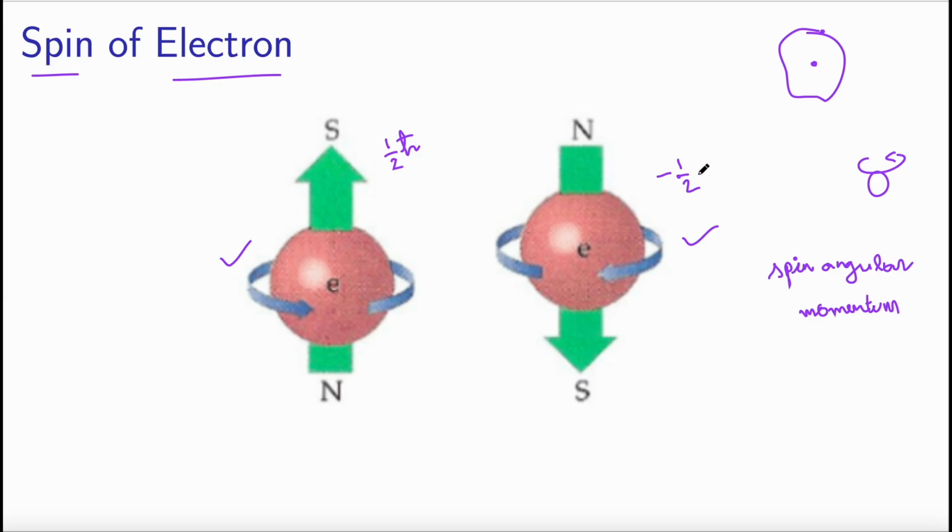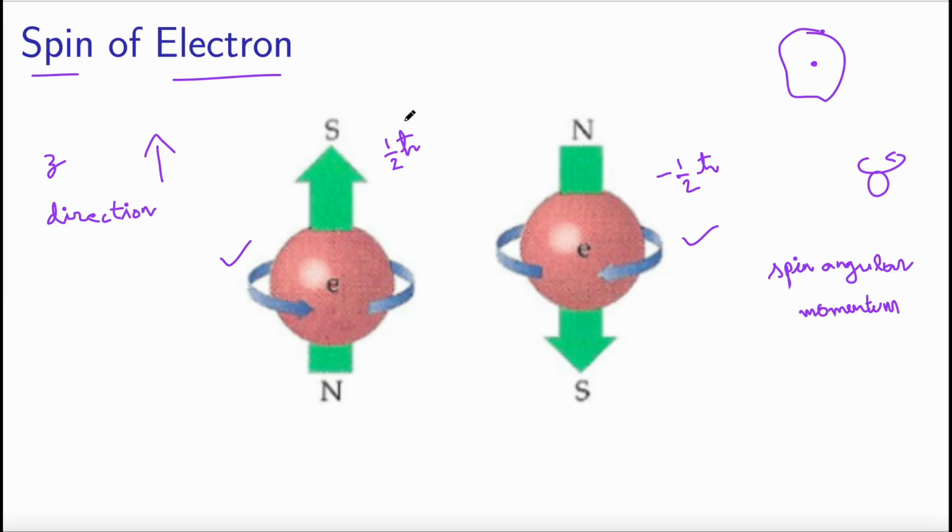If this is the z direction, and we measure the spin angular momentum along the z direction, we can only get two values.